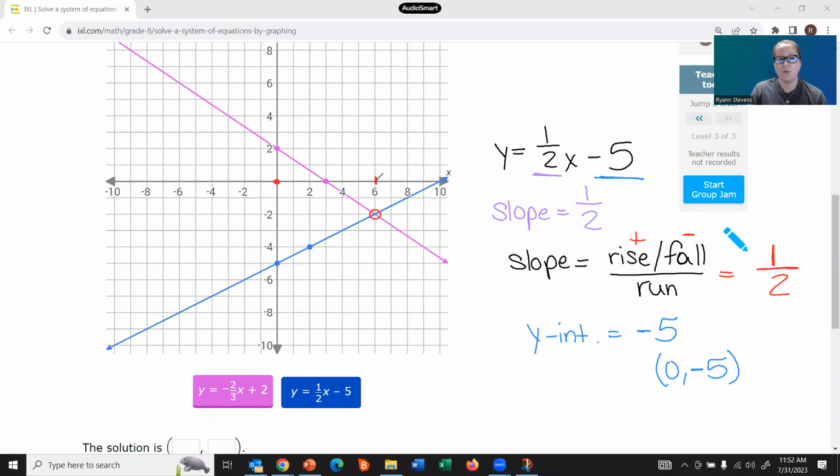I would go to +6 on the x-axis, and then I would go down to a -2 on the y. And that's exactly where these 2 lines are going to cross, and that would be the solution to my system of equations. So it would be at 6 and -2.